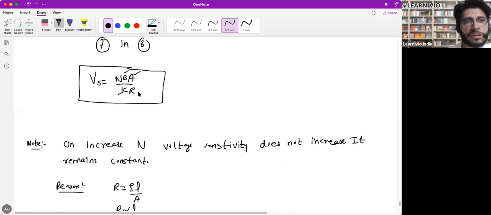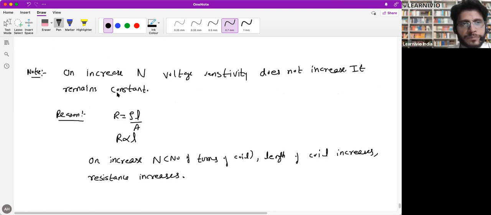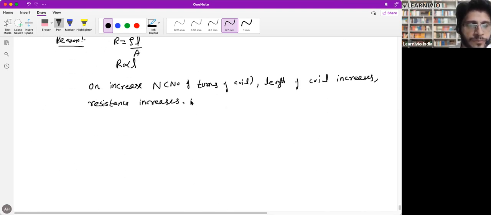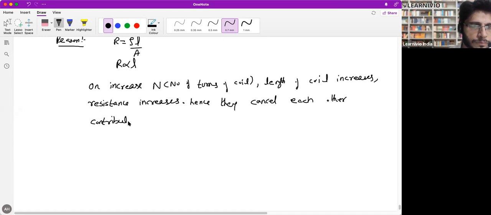And see, if both N and R increase, then the increments will cancel out each other, from numerator and denominator. Hence, Vs will not change.